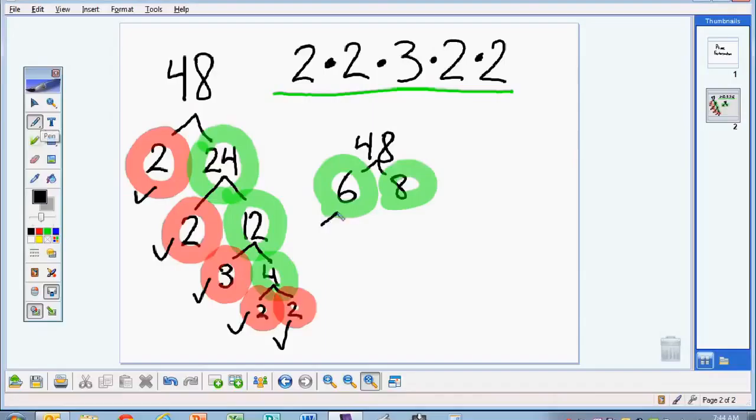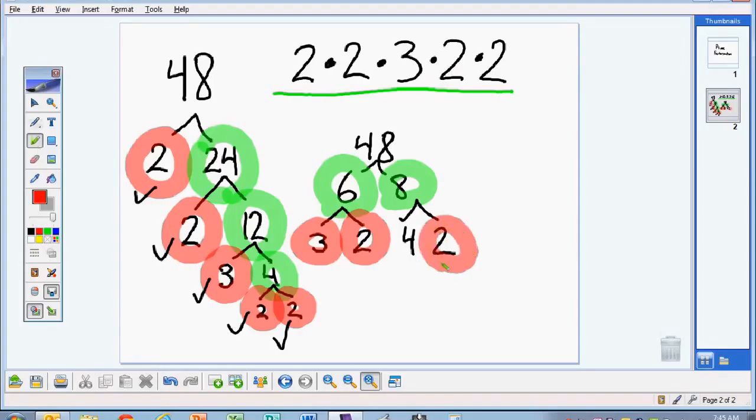I find a factor pair for 6, 3 and 2, which I know are both prime, so they will stop. And for 8, I'm going to use 4 and 2. 2 is prime, so it will stop. 4 is composite, so the process will continue. That gives me 2 and 2. They are both prime.